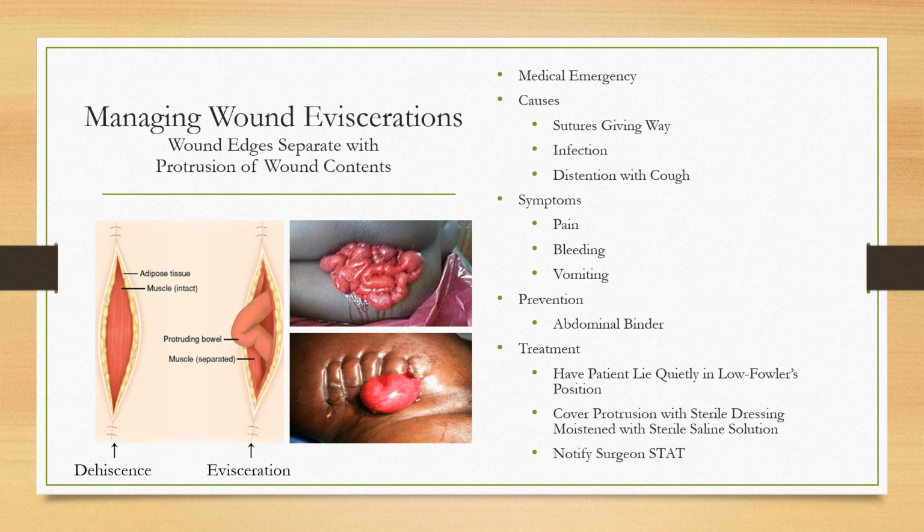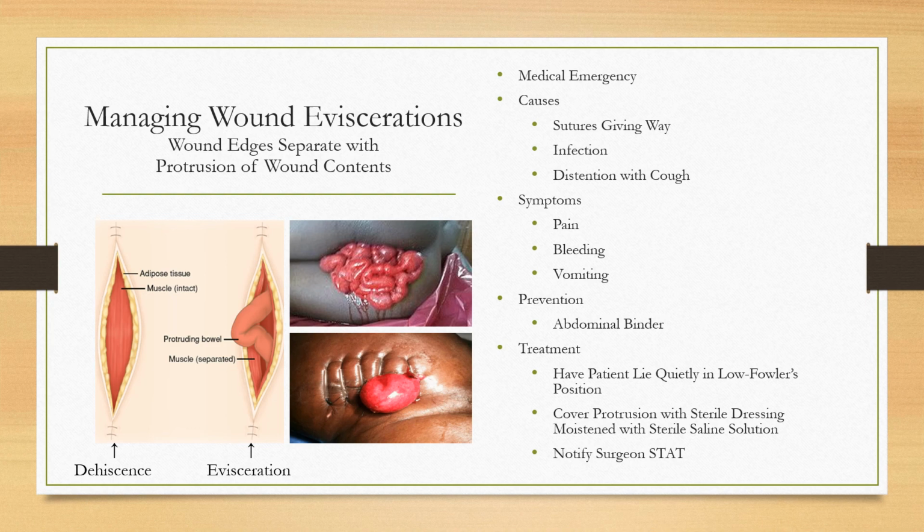Now, if this was to occur in hospital, we would definitely not have the patient sitting upright. It's going to put more pressure on the abdomen. So we'd lie them supine. We'd cover the area, especially with an evisceration, by the way, with just moistened sterile dressings. And then the surgeon needs to be notified because this needs to go back to the operating room.